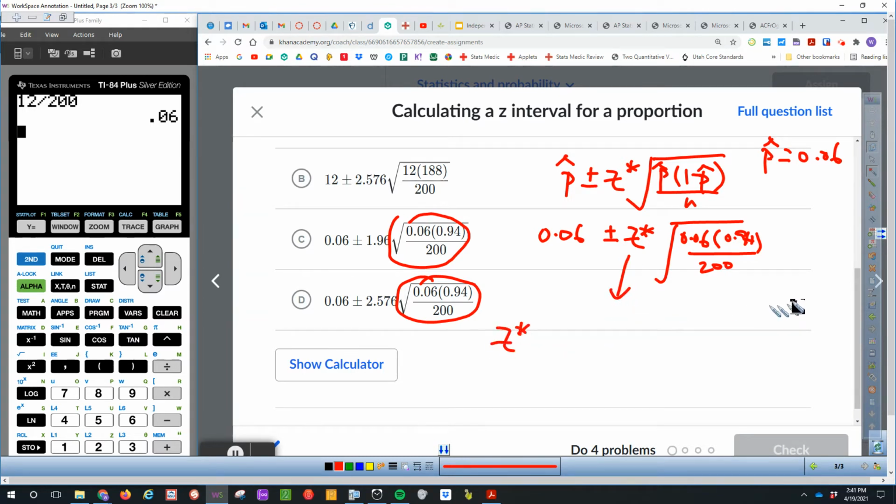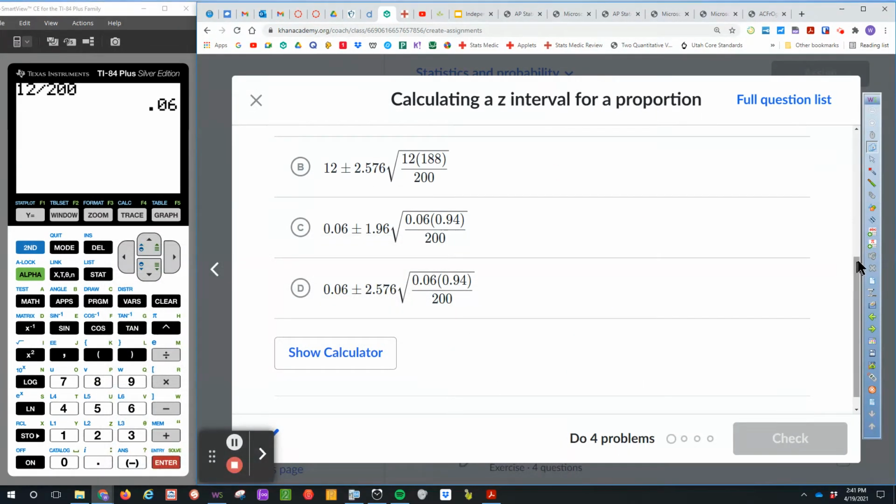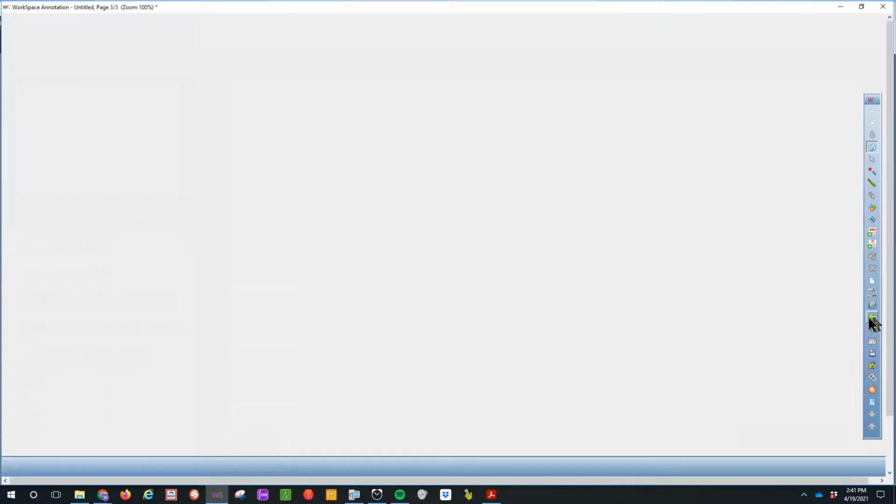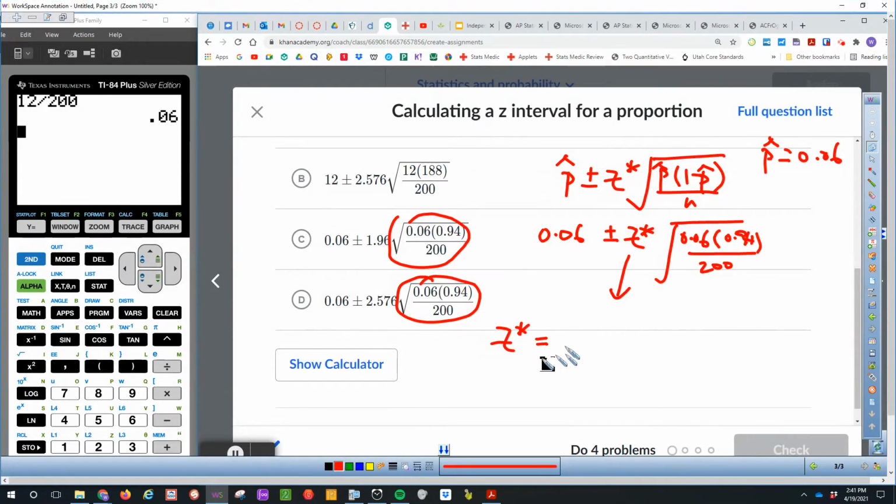And z star in this case, we are looking at 95% confidence.